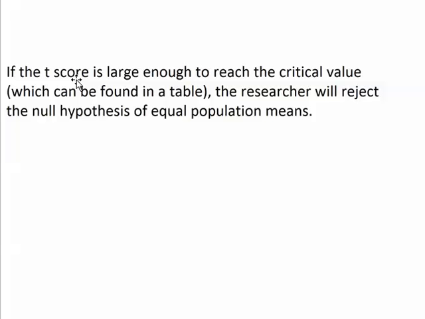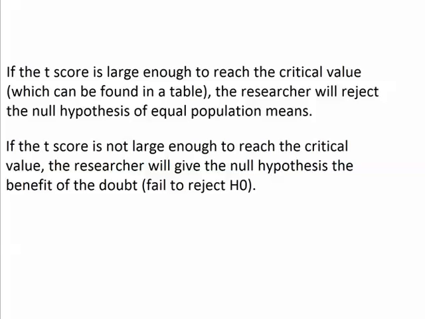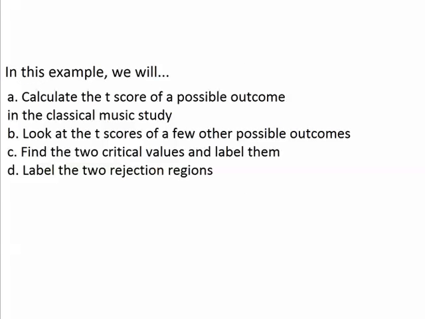In other types of hypothesis tests, it has a different name, like sometimes it's called an F-score, sometimes a z-score, but I just want you to know that the test statistic is the value that's calculated with the data and then compared to the critical value to make the decision about the null. In a t-test, the test statistic is called a t-score. So in a two-sample t-test, you calculate the t-score with the data, you compare it to the critical value, and then you make your decision about what conclusion to make in your study.